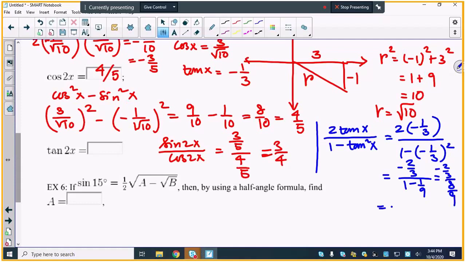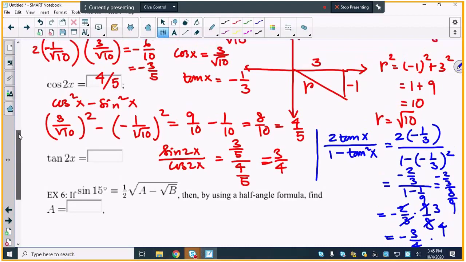So 9 minus 1 is 8. So I get negative 2/3 over 8 over 9. Well, dividing by a fraction means multiplying by its reciprocal. So it's 9 over 8. And then when I simplify, 2 cancels 8 gives you 4. 3 cancels 9 gives you 3. So my answer is negative 3 over 4. And that answers my question. And that's precisely what we wanted to do.